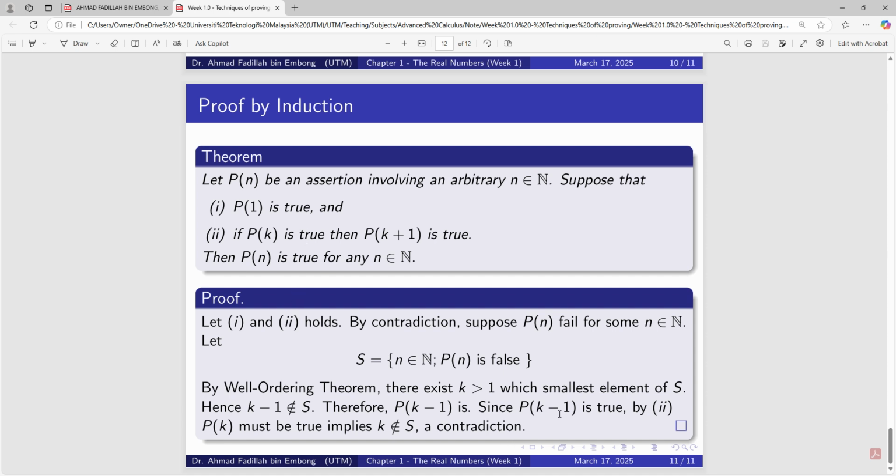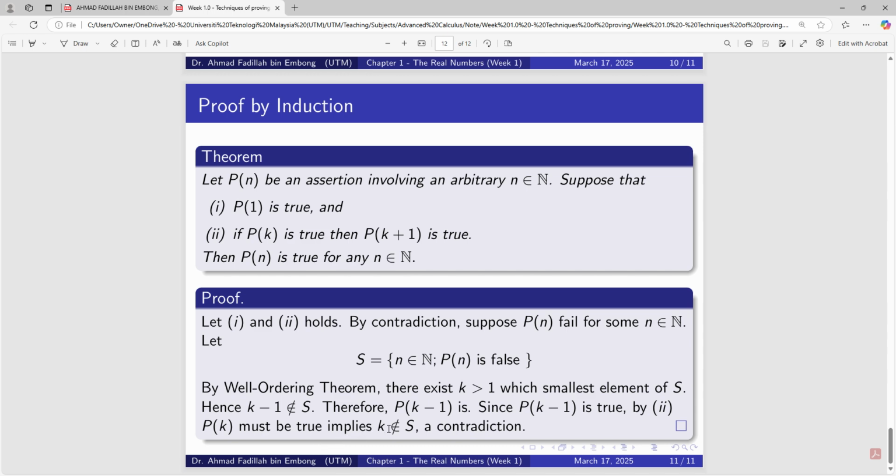Since P(k-1) is true, by statement number 2 here, P(k-1+1) must be a true statement.